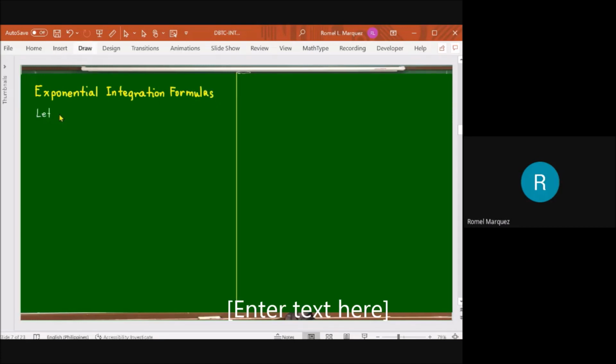So let u be equal to f of x. Assume this is a differentiable function.